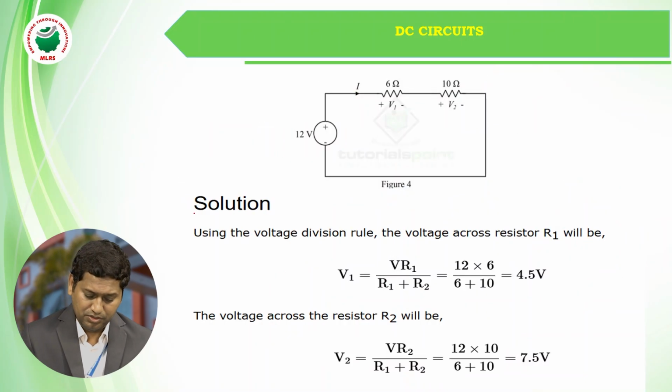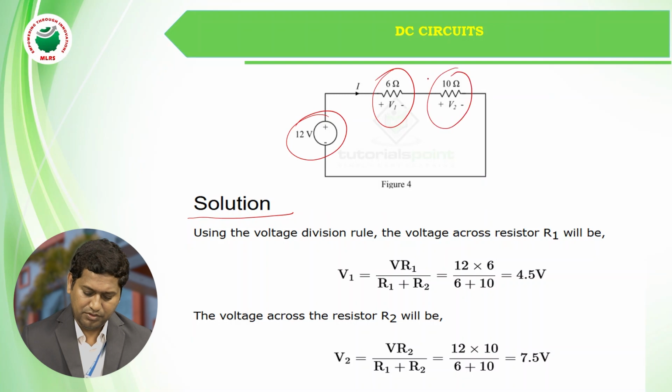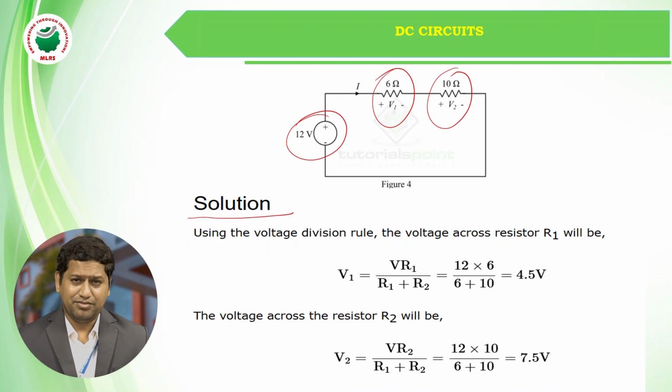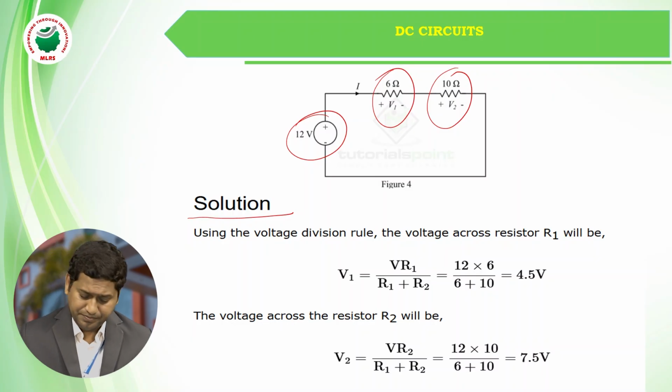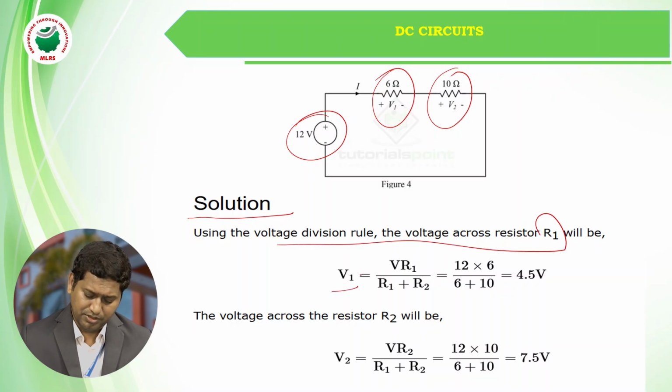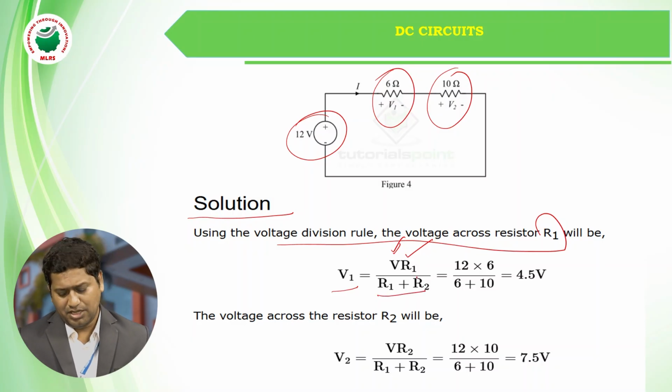So let us go with the solution. Source voltage, this is R1 with V1, this is R2 with V2. We have already derived the equation from the voltage division rule. The voltage across R1 is V1 equal to the total voltage into that particular resistance divided by the total resistance R1 plus R2.